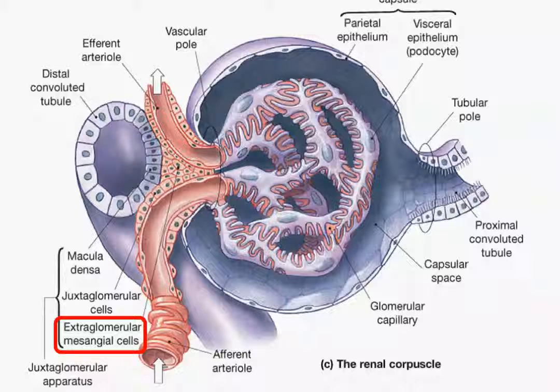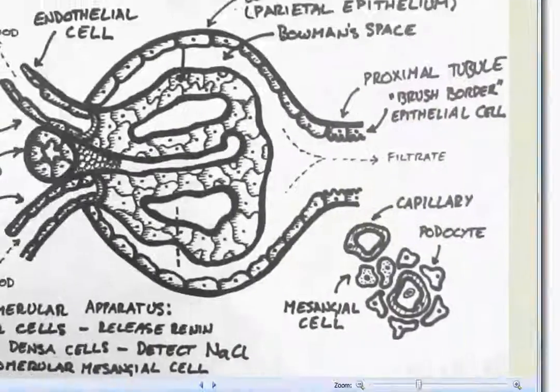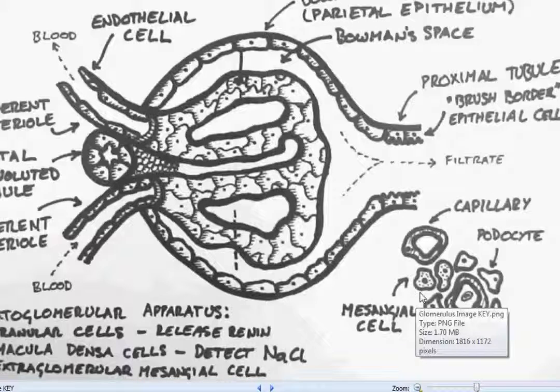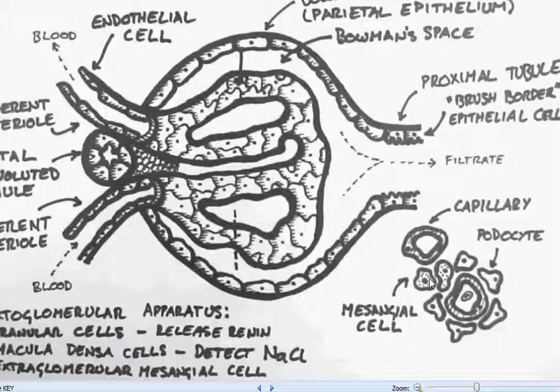Something else I'd like you to know, going back to the notes packet that you did, is the extraglomerular or just mesangial cells, which is how you could have labeled it in your picture. Going back to this first page of the notes packet, mesangial cells are constricting and relaxing to allow more or less filtration. They're changing their size.